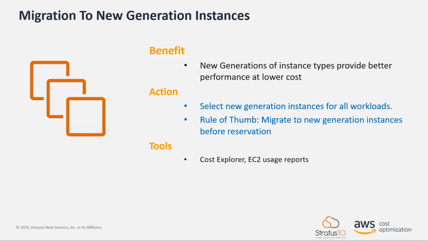However, if you buy convertible reservations, then you can migrate and exchange those RIs for the next generation immediately. Okay. And also, when you're migrating, you should consider doing them in small, controllable batches and coordinate either with us or your TAMs to make sure you get the best support during this effort.